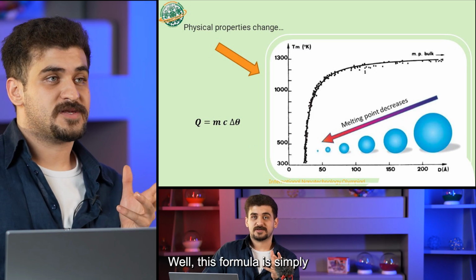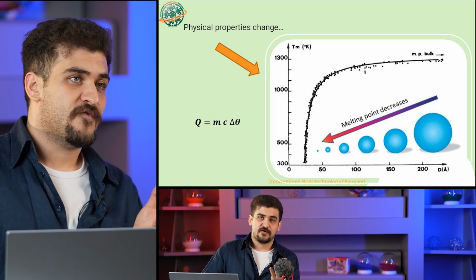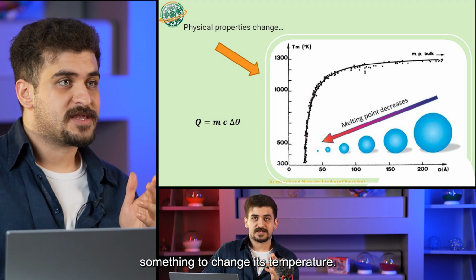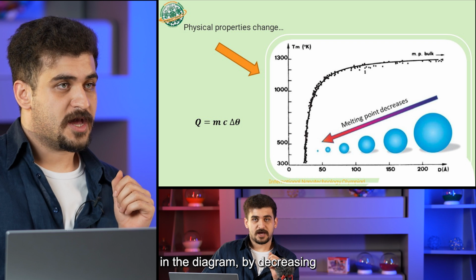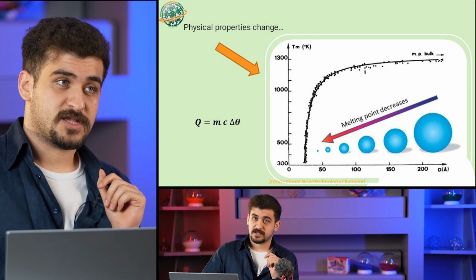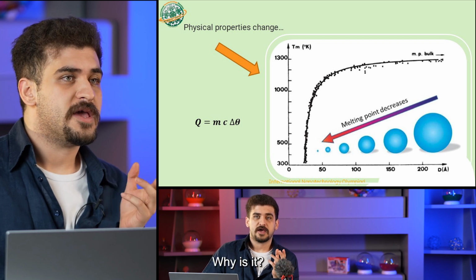Well, this formula is simply the amount of heat needed for a specific mass of something to change its temperature. But as you can see in the diagram, by decreasing the size of something, melting it becomes so much easier. Why is that?